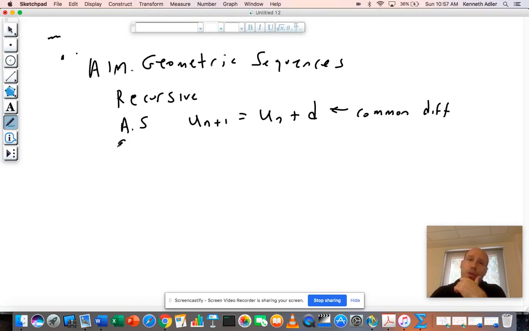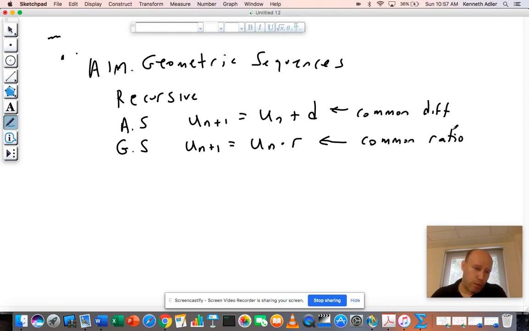With a geometric sequence, because I'm lazy, to get to the next term, we're going to multiply or divide, but we spoke about this by a common ratio. And so you can figure out the common ratio just by inspection.